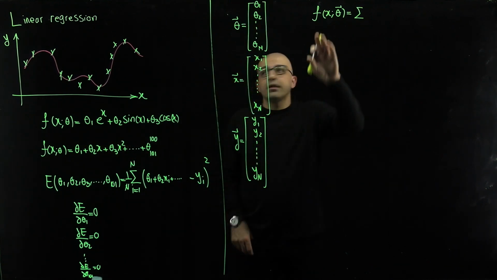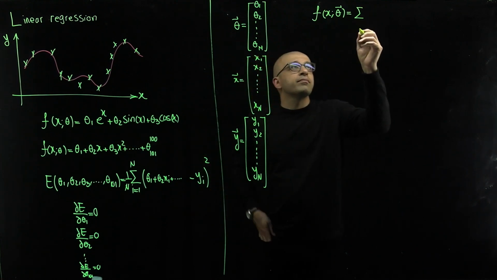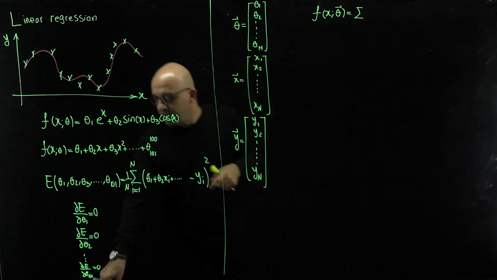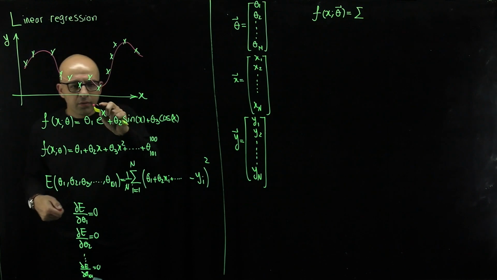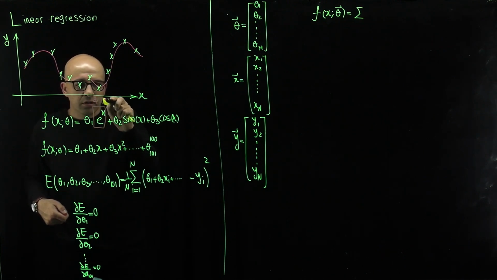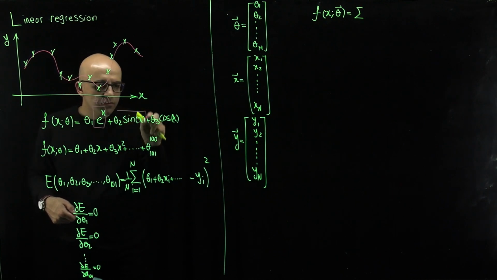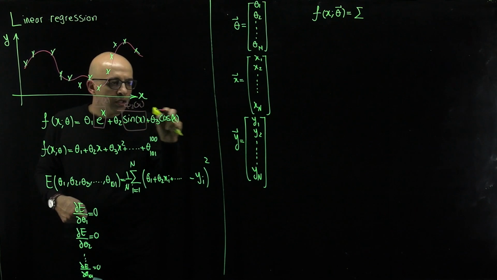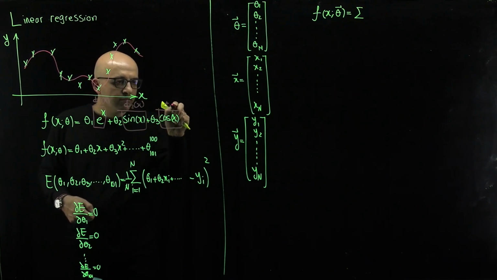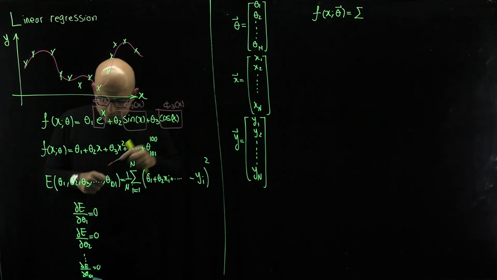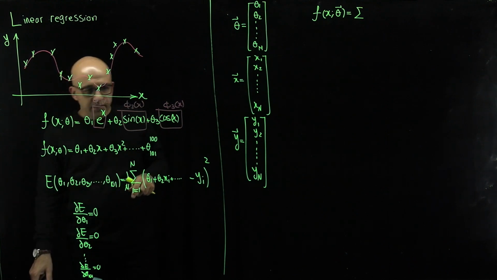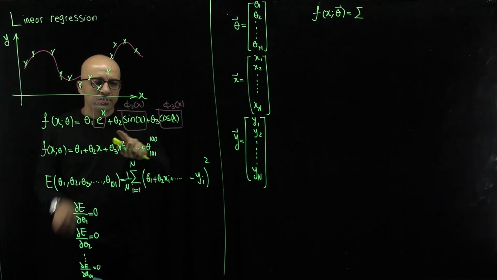So now I can write these expressions. The language I want to adopt is that we call the first basis function phi1 of x, and this one phi2 of x, and this one phi3 of x. So we have as many basis functions as we have parameters.